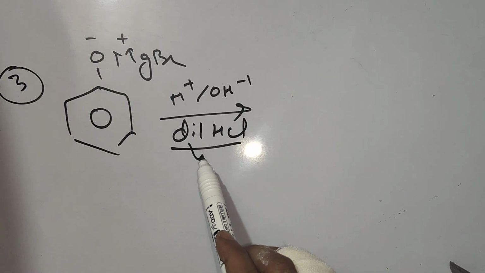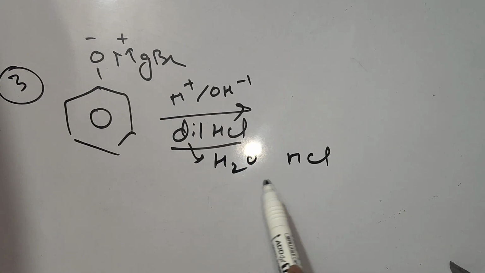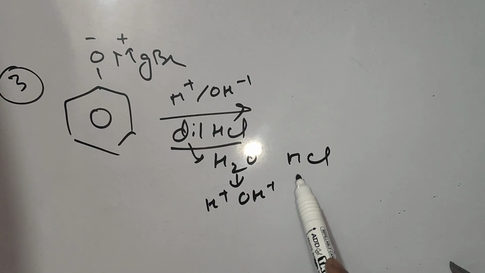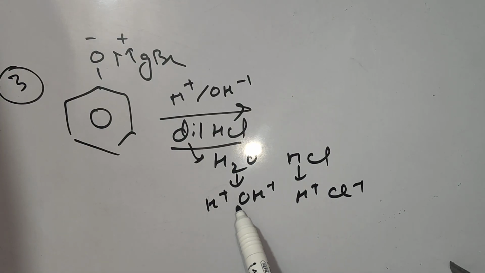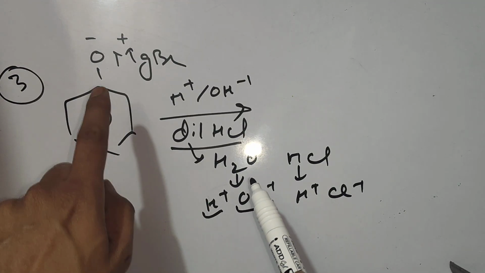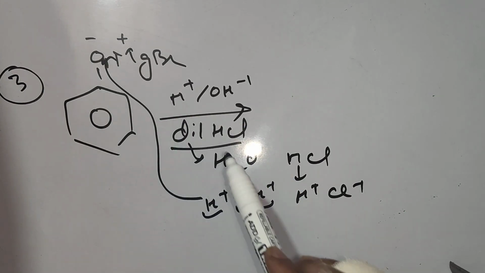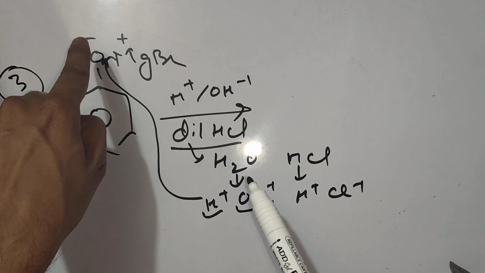Dilute HCl means a lot of water is available there and a very small amount of acid. So this water will break into H positive and OH negative particles. This will also break into H positive and a little bit of Cl negative particles. So the OH negative amount and H positive amount are higher. So what will happen? This H positive is going to attack oxygen, because between oxygen and magnesium an ionic bond is there and oxygen is carrying a complete negative charge.